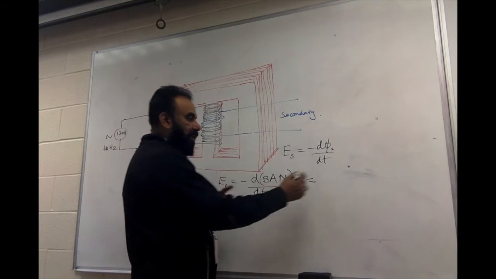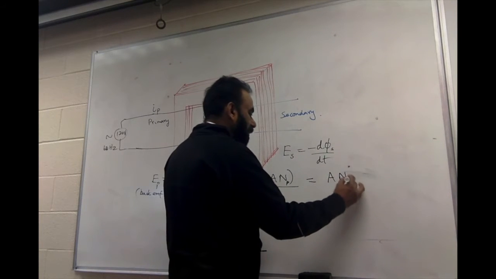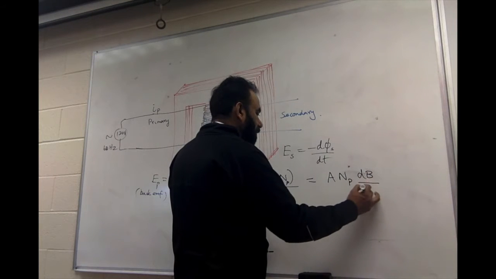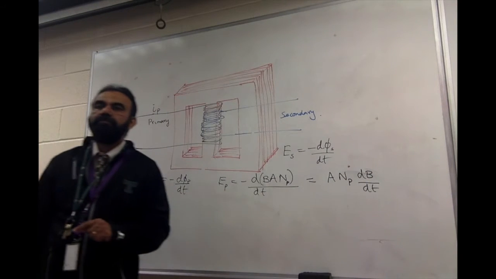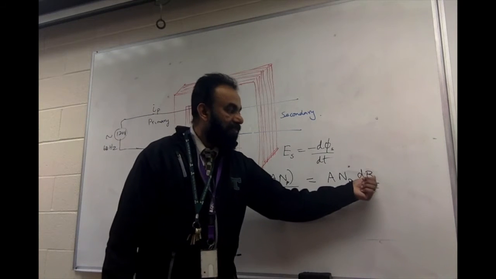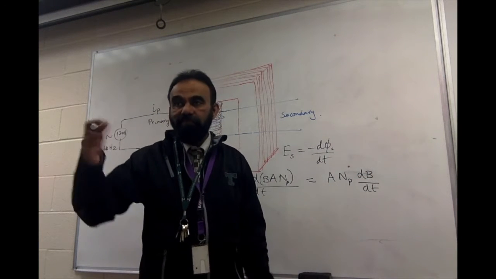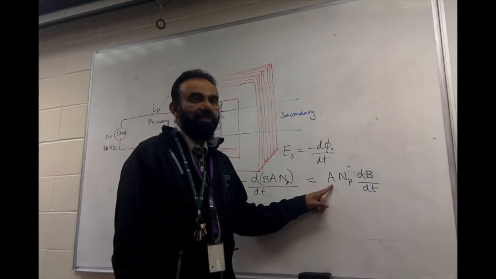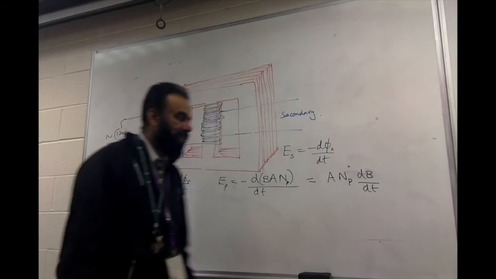I'll take the constants out. You know, when you differentiate, you can take the constants out. It is the field that is changing. Area doesn't change, number of turns doesn't change.